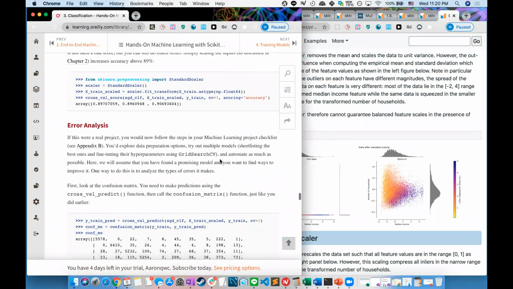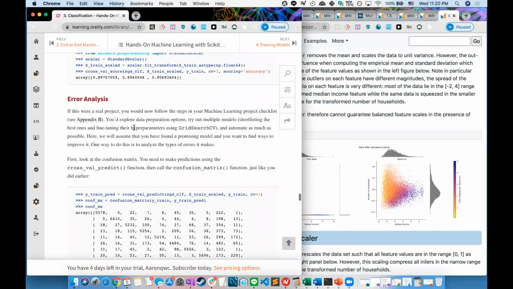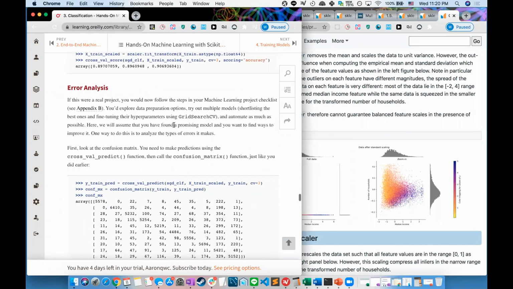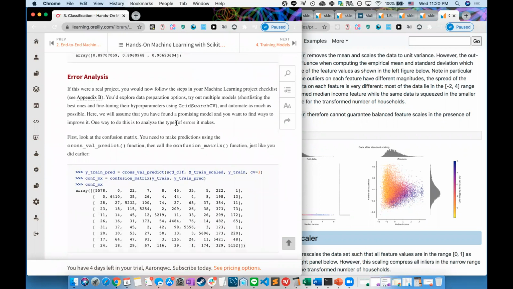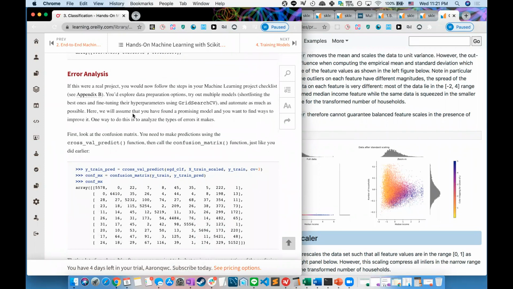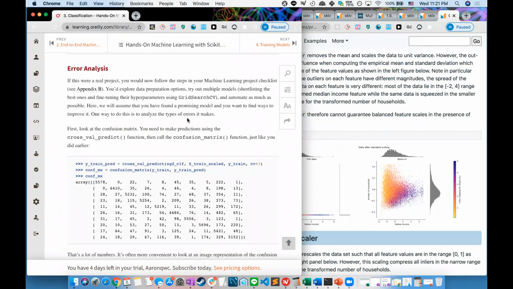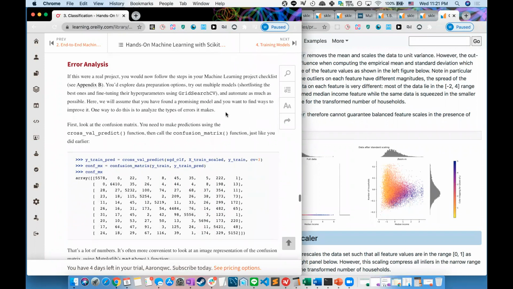Running short on time. Error analysis. If this were a real project, you would follow the steps in your machine learning project checklist. You would explore data preparation options, try out multiple models, shortlist the best ones and fine-tune their hyperparameters using grid search CV, automating as much as possible.